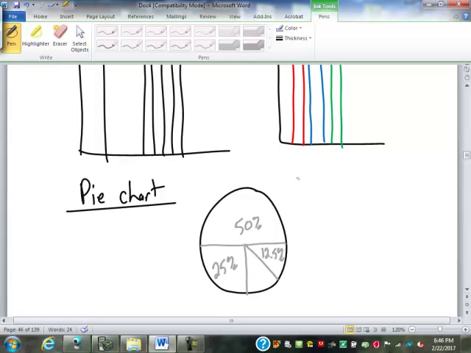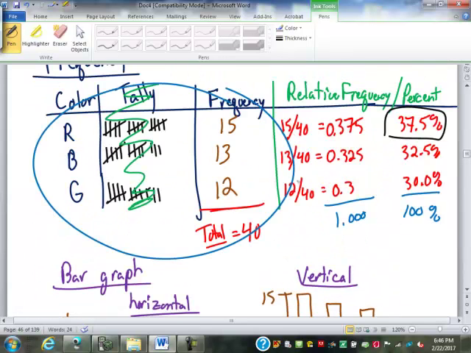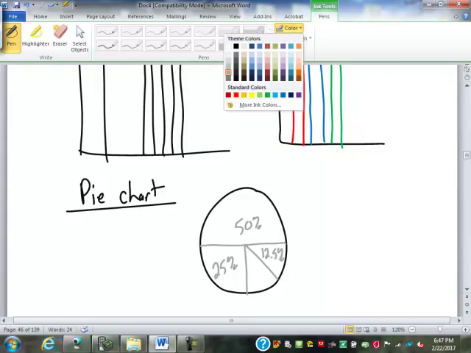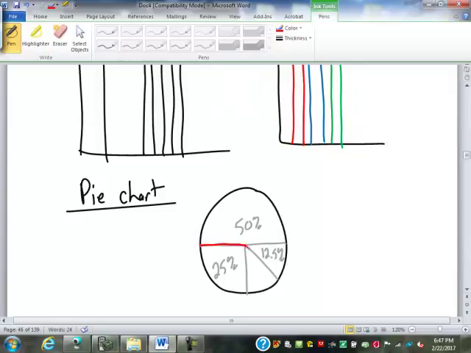So looking up here, I have one of these that's 37.5%. That would be 25 plus 12.5, right? That'd be 37.5. That was for the red. So red is going to be that size right there. Now the other ones have to be smaller.